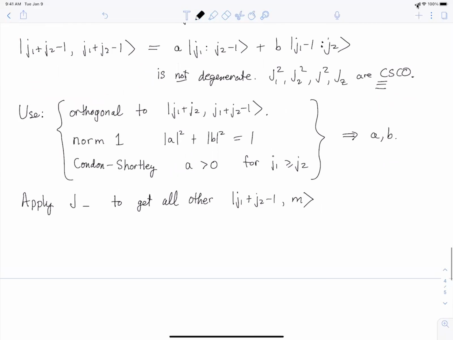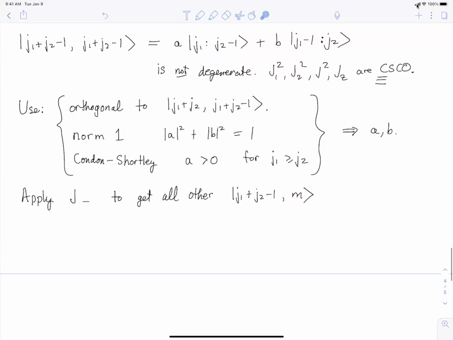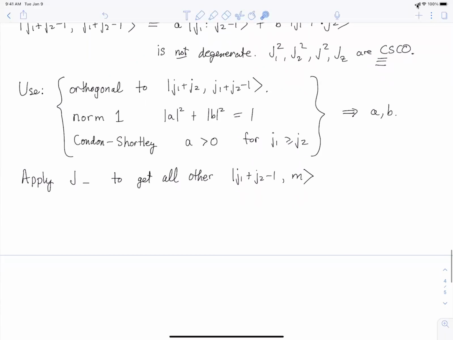Here we just did the largest one, but now we start acting with J minus on that, we're going to get all the lower m's, okay, until we get down to the last one, which is going to have m equals minus (J1 plus J2 minus 1).